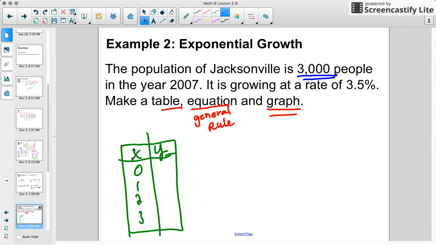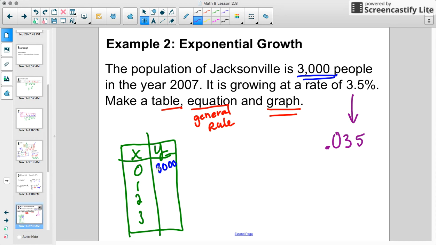The start amount at 0 years, right, when we're first looking at this problem, is 3,000. Okay, that's in the year 2007. If this is growing at a rate of 3.5%, think about how you write 3.5 as a decimal. Okay.